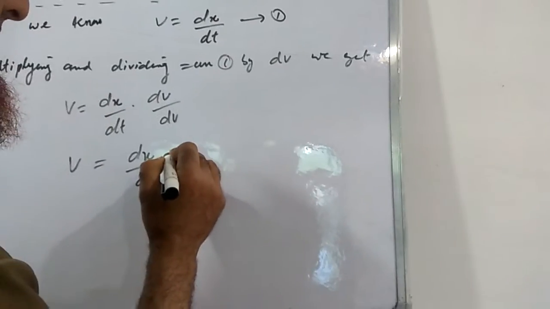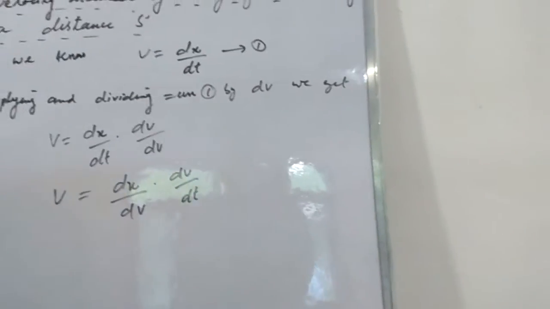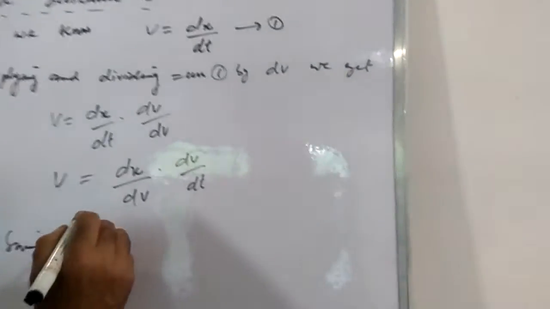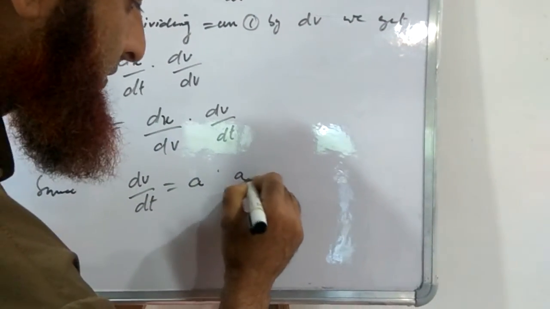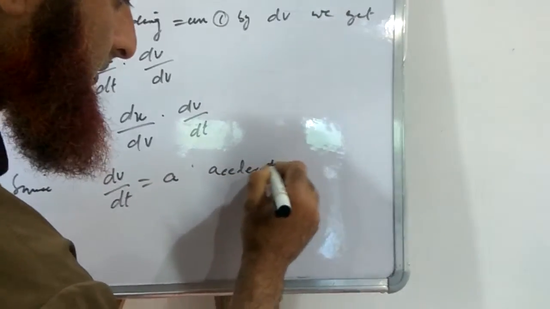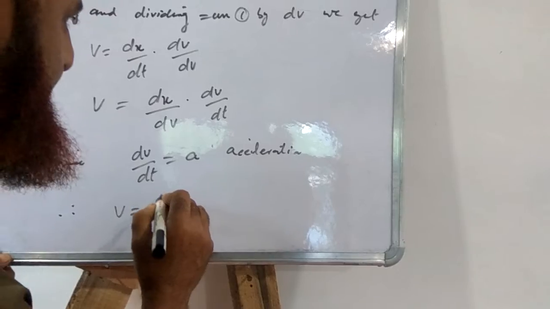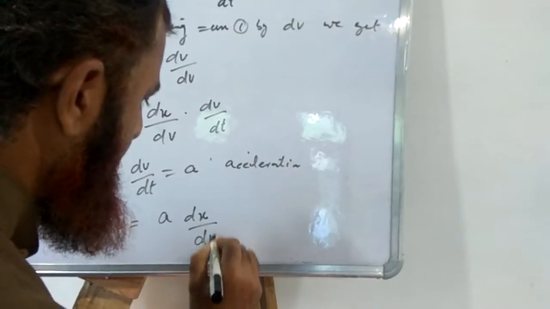Now dear students, it will become dx by dv into dv by dt. As we know, dv by dt is equal to a, acceleration, therefore v is equal to a dx by dv.